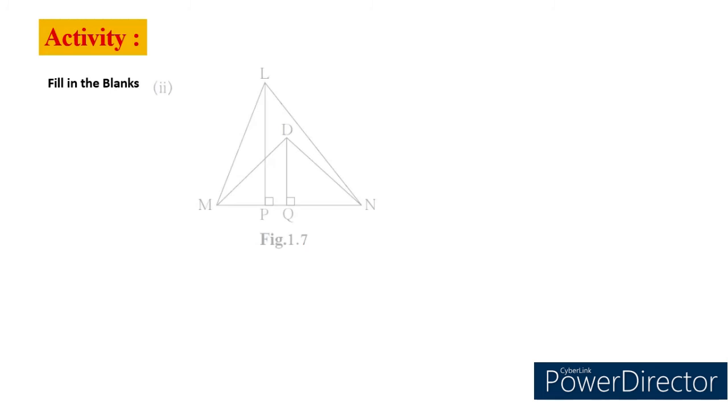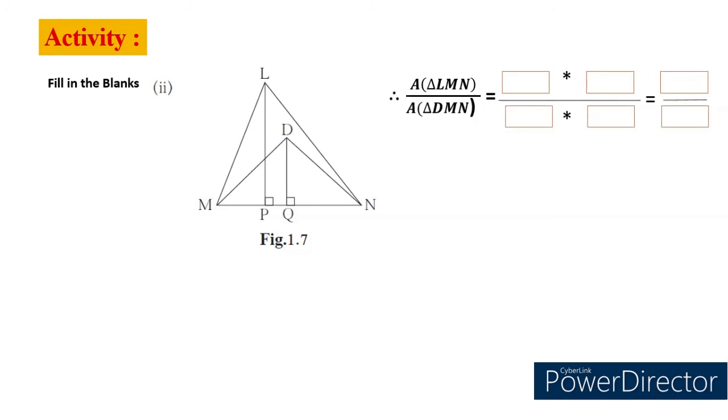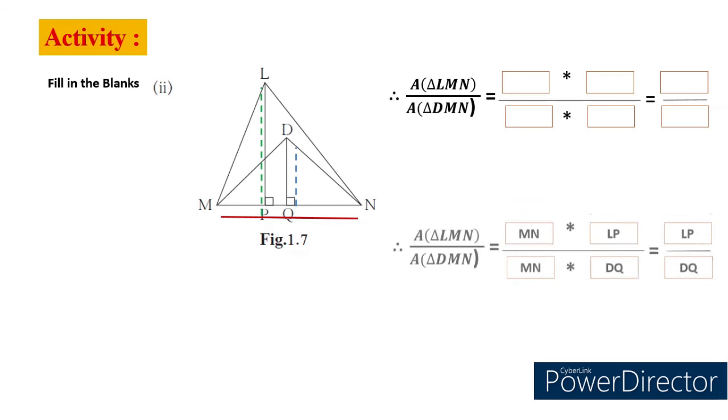Next activity will be, as per the given diagram, we are going to again find the area of triangle LMN divided by the area of triangle DMN. Friends, here again the heights are different but the base is the same. The base is MN, where LP is the height of triangle LMN and DQ is the height of triangle DMN.